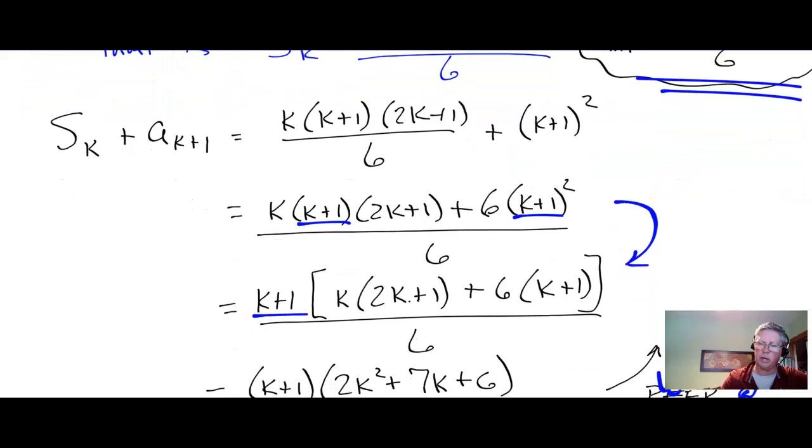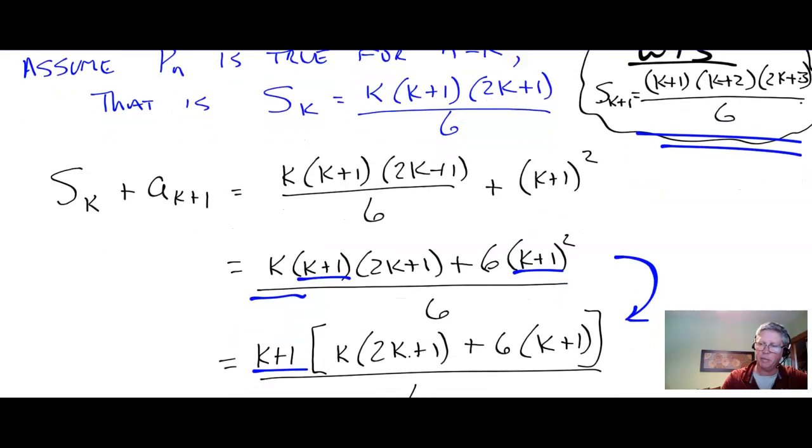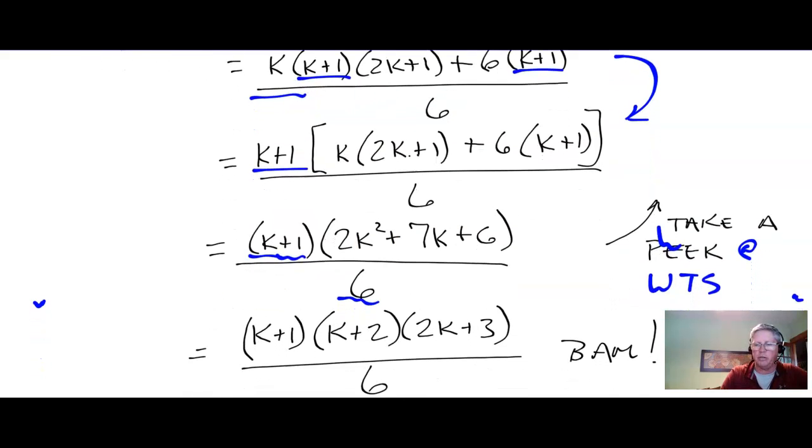And look how close we are. We have the k, gosh, I'm not going to lose my temper. No way. We have the k plus 1. We have the 6. And it basically is telling you how to factor it. It said there was a k plus 2 and a 2k plus 3. So I wrote that, I multiplied it in my head. Yes, that is exactly how you factor it, and you are done.